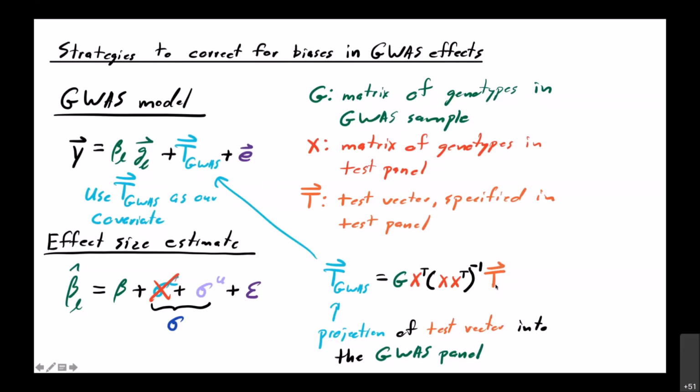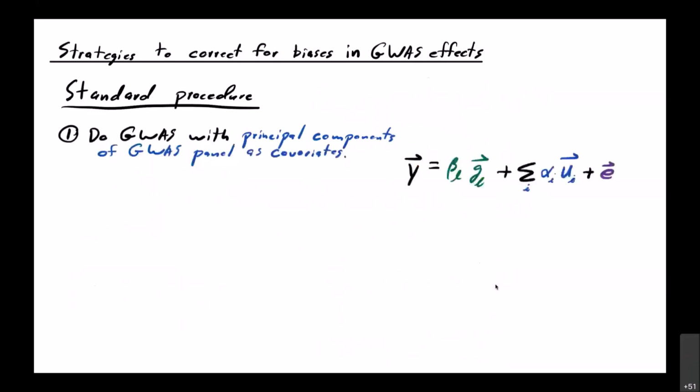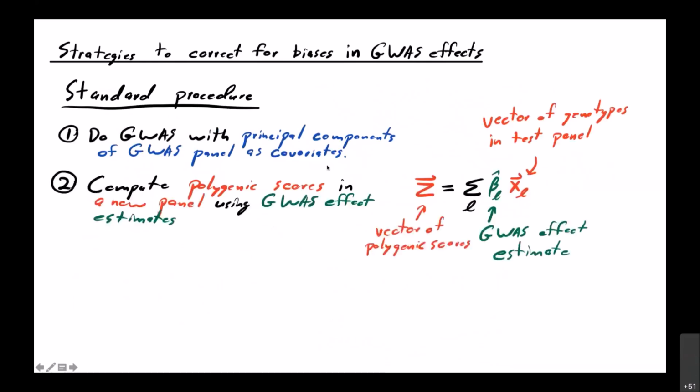So you could also try to control for those additional biases as well, but it doesn't matter whether you do so successfully or not for the specific test that we're going to try to do. Just to back up and review, the standard procedure is that you do a GWAS with principal components of the GWAS panel as covariates.